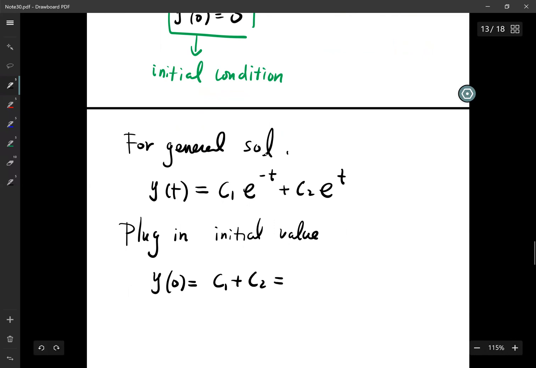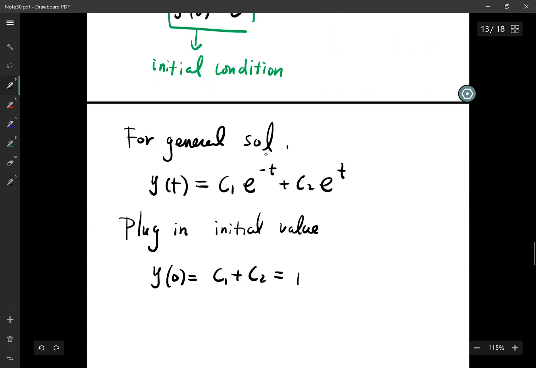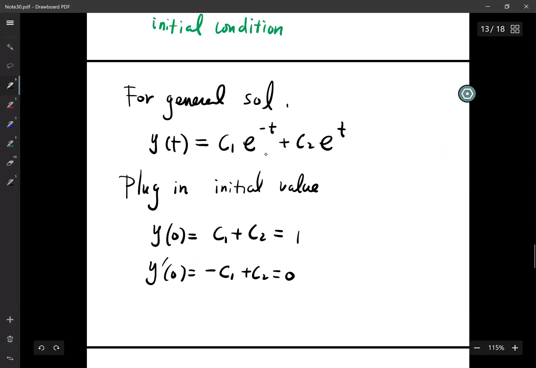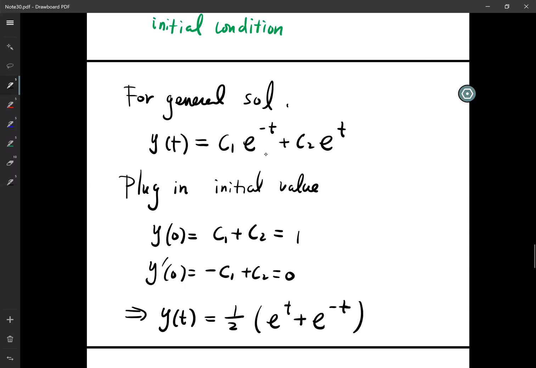This I told you it is 1. y'(0) is minus C1 plus C2. This is equal to 0. So I have determined y(t) without any ambiguity. And this is this. So at this step, we say that we have solved the initial value problem. Any question?